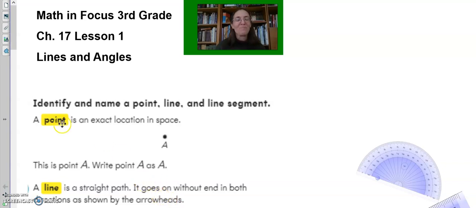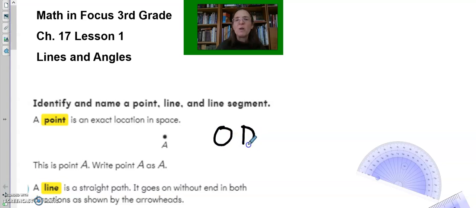So let's go. The first term that we need to learn is point. A point is an exact location in space. It is represented by a dot, a period, just a point. And in geometry, we might say that the point has 0 dimensions.